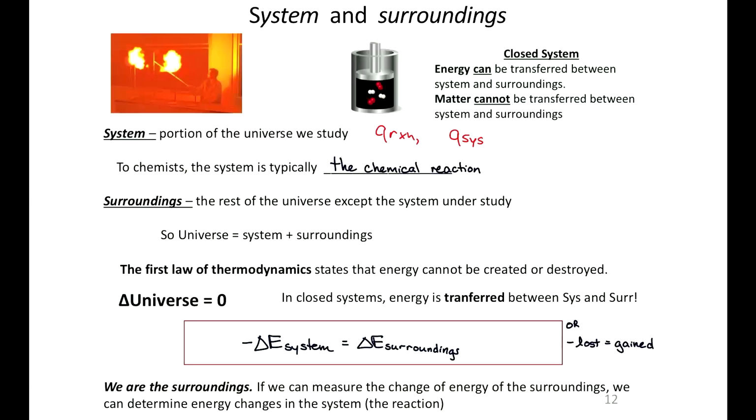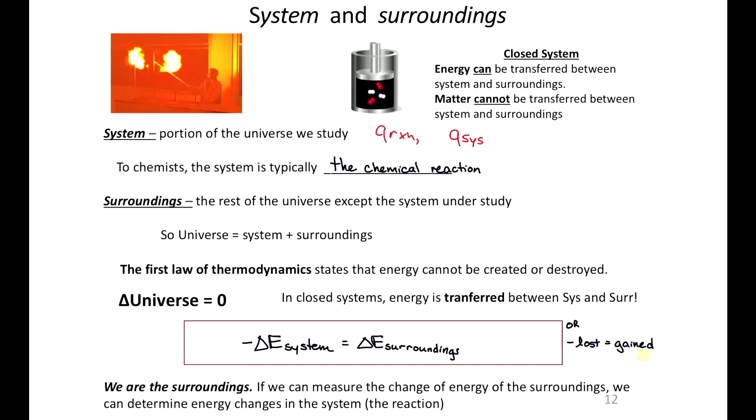So if the reaction generates energy, that energy had to go somewhere. It goes to the surroundings. So what we can say here is that the negative energy change of the system is equal to the positive energy change of the surroundings. Or you can think of it this way: the negative of whatever was lost is equal to the positive of whatever is gained, right?